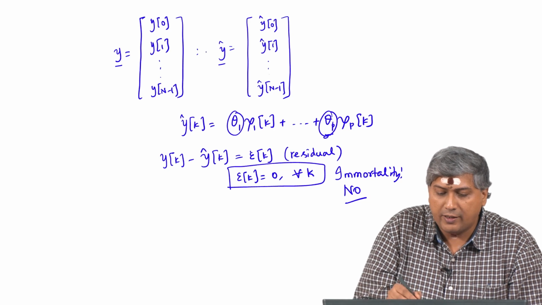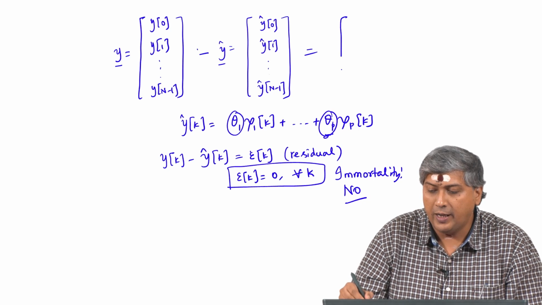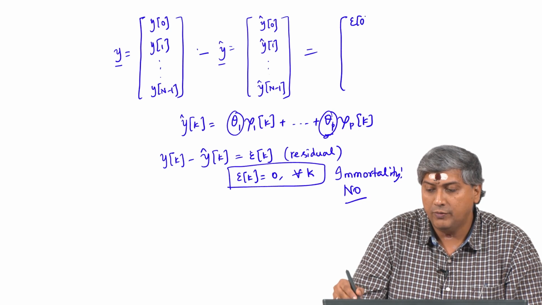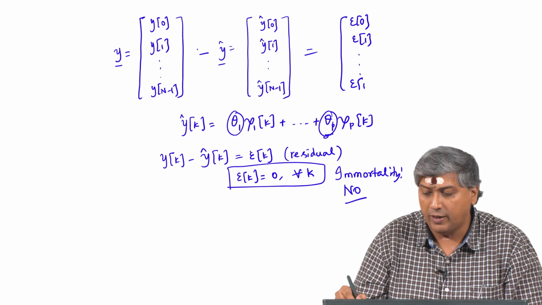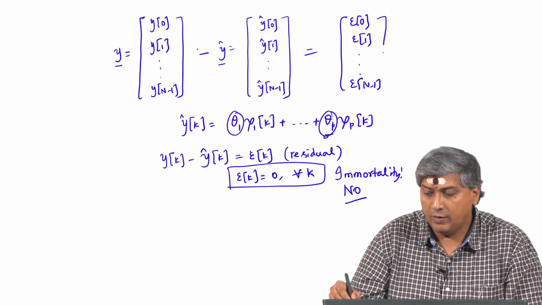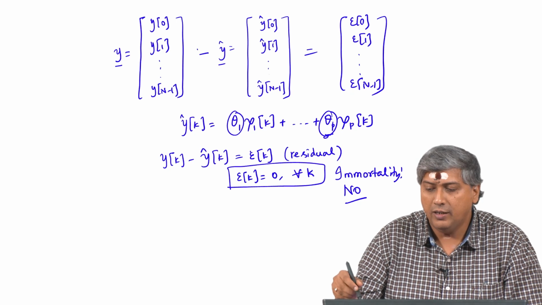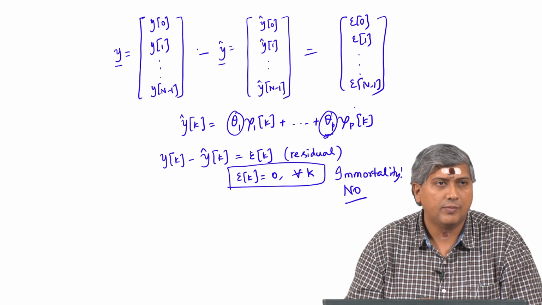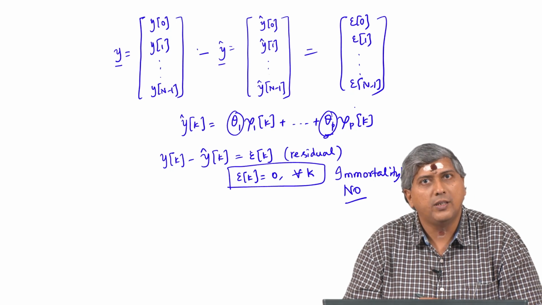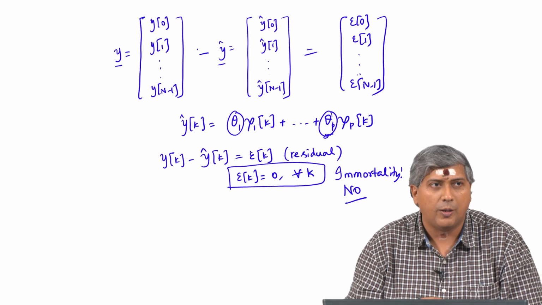If I subtract y minus y hat, I get an epsilon vector: epsilon 0, epsilon 1 up to epsilon n minus 1. What we just said is that it is not possible in general to have all these n epsilons be 0. So, one option, as we just discussed, is that any p of the epsilons can be driven to 0, but not all epsilons.